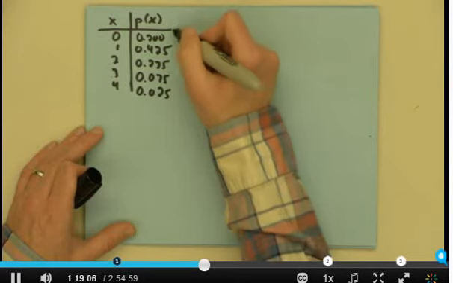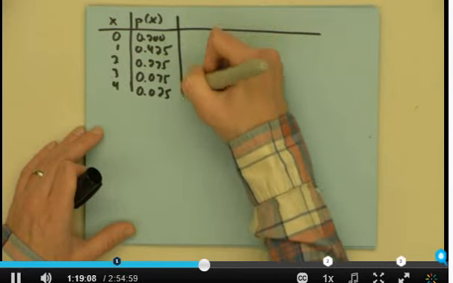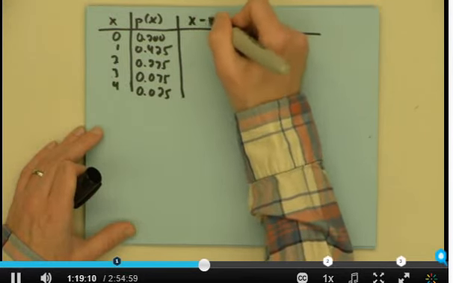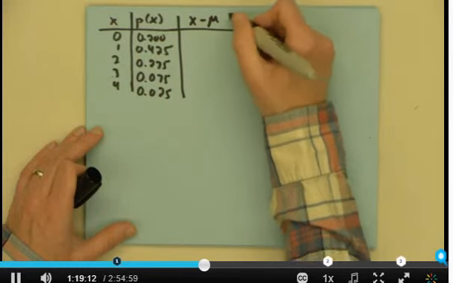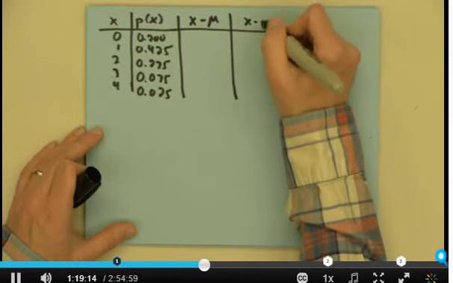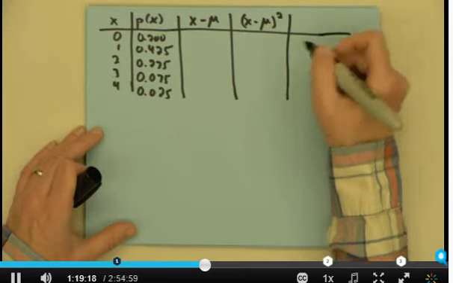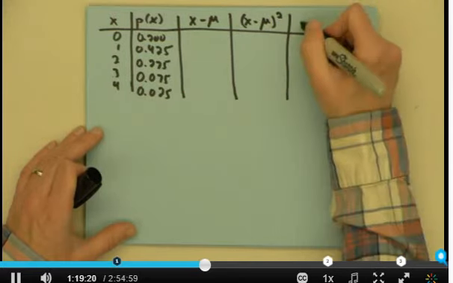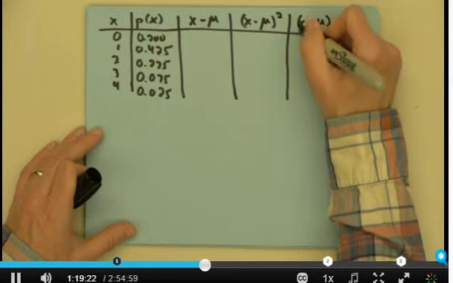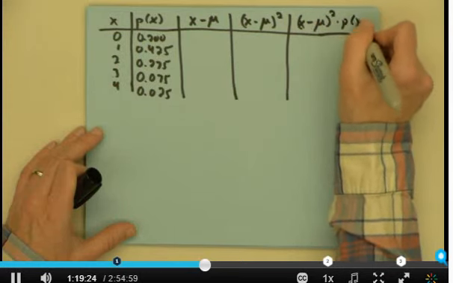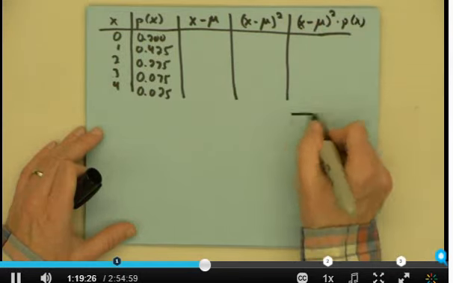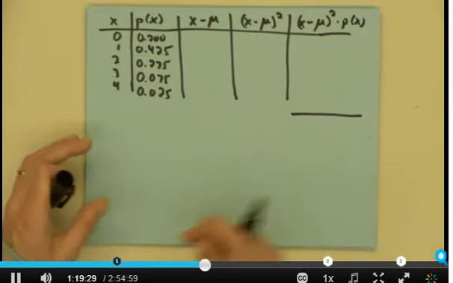Okay. I want x minus the mean. I want x minus the mean squared. And finally, I want to multiply that times the probability of x and add those results together to get the variance.